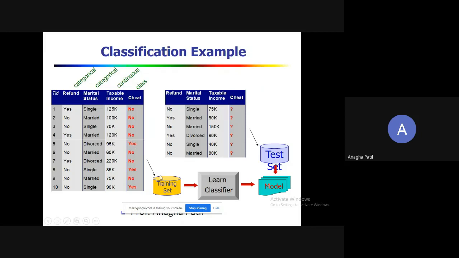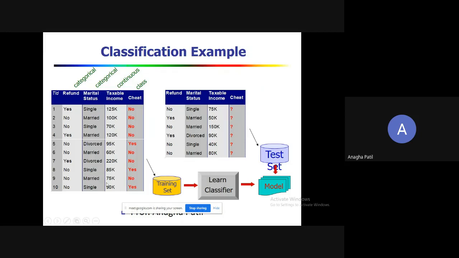That would be one of the rules. The next rule for yes is: when the refund is no and the marital status is single, now you can see there are these two attributes having the values.